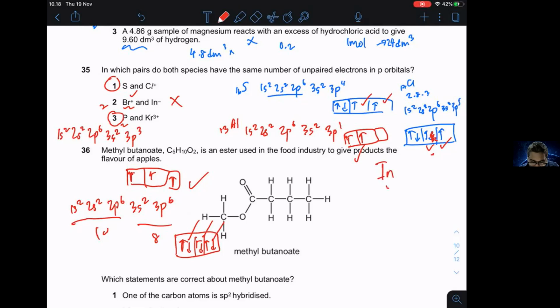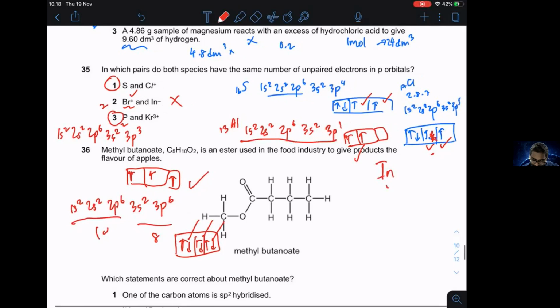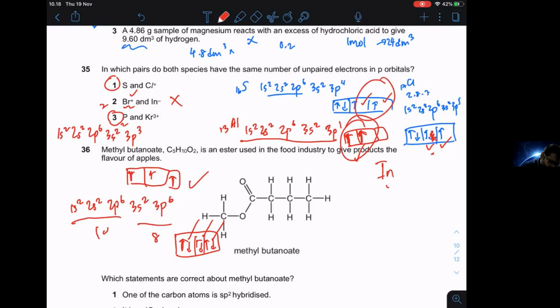So aluminium, 3s2, 3p1. You add 1 more electron, you get 2 unpaired electron. Yes, number 2 is correct. Okay, the answer is A. They say the number of unpaired electron, so this one is A.